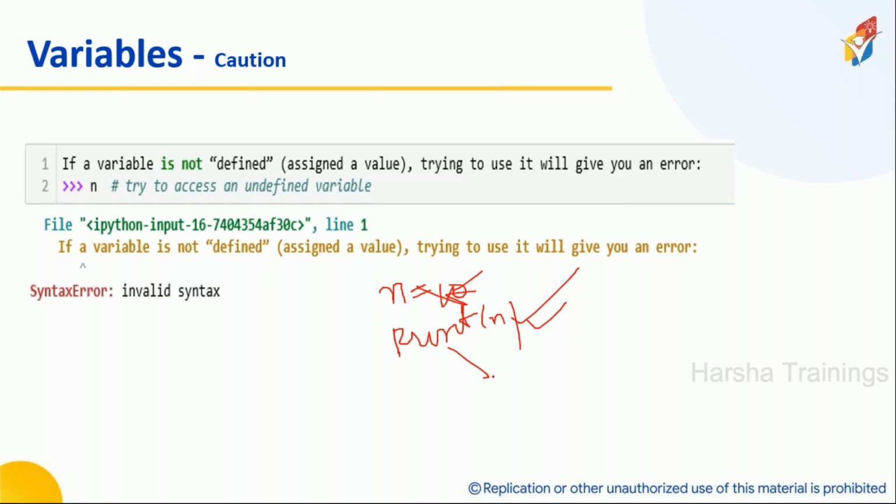What error? Name error, because in the memory that variable has not been allocated. So if you want to use any variable, you should assign some value. That is mandatory in Python. This is a caution also.